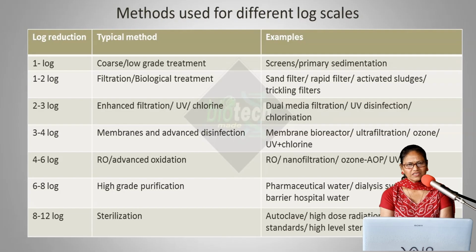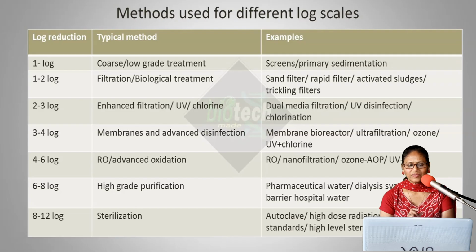Now these are the methods used for different log scales. 1 log is mostly not used. This is very low grade treatment. For example, screens or primary sedimentation can be used. For 1 to 2 log, filtration or biological treatment can be the methods, and here we use sand filters or rapid filters, activated sludge, trickling filters.